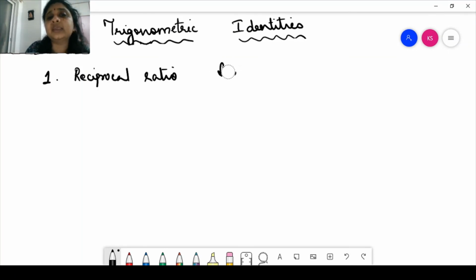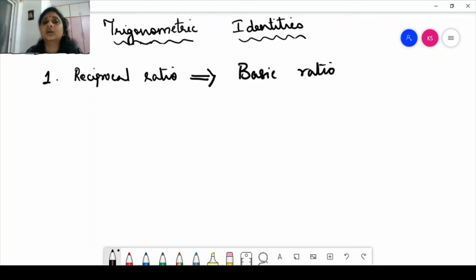If you have reciprocal ratios, convert them into your basic ratios, that is your sine and cosine ratio. So moving ahead becomes easier. And always keep looking into the right hand side, in whatever terms it is. I try as much as possible to take the left hand side into those terms.